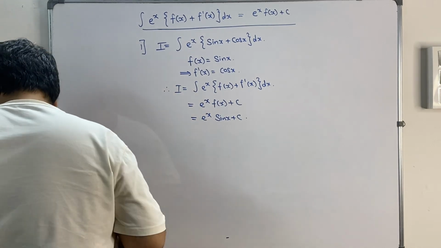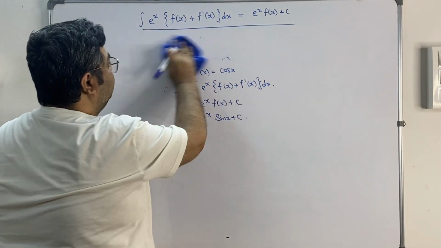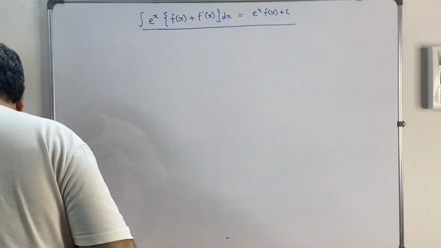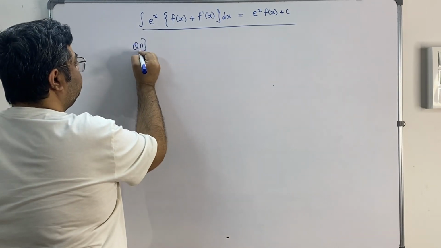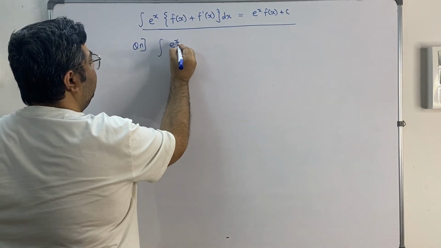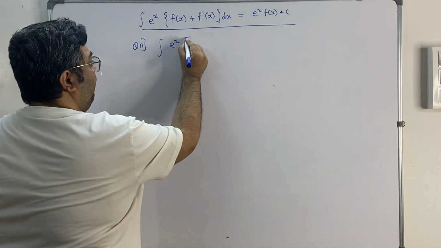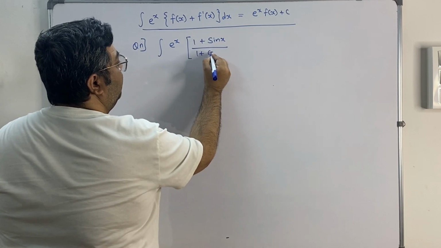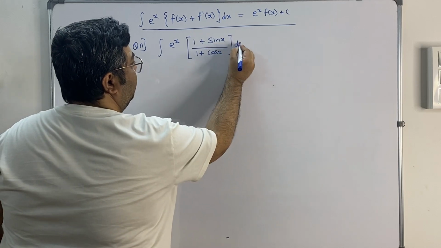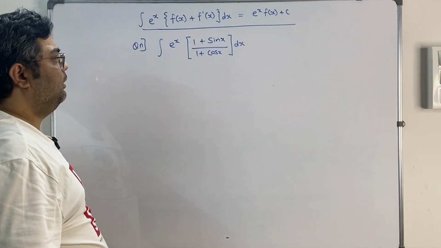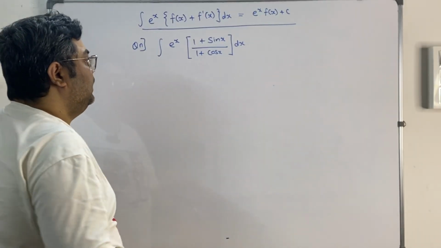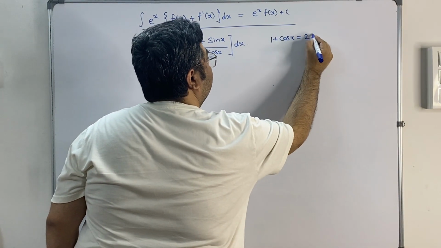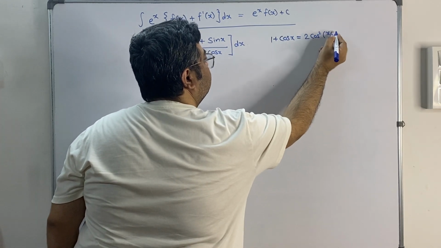Okay. Next, now we are solving questions which are from the 7.6 exercise of the NCERT textbook. The second question says integration e raised to x (1 plus sin x) over (1 plus cos x) dx. Here we are going to use the concept of trigonometry. 1 plus cos x is 2 cos squared x by 2.